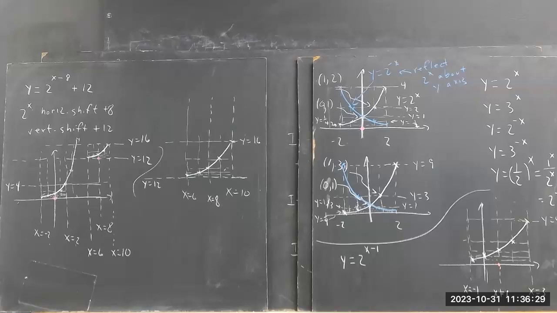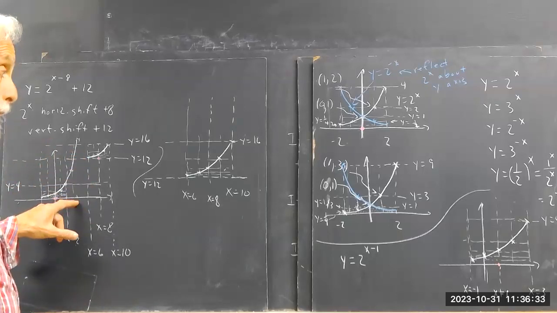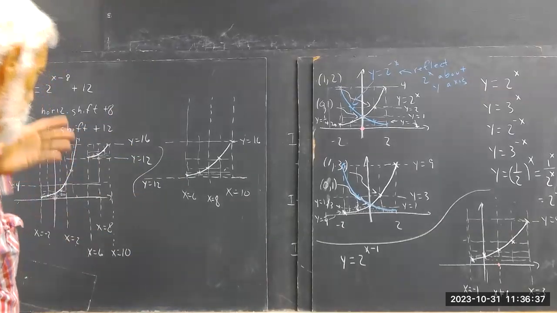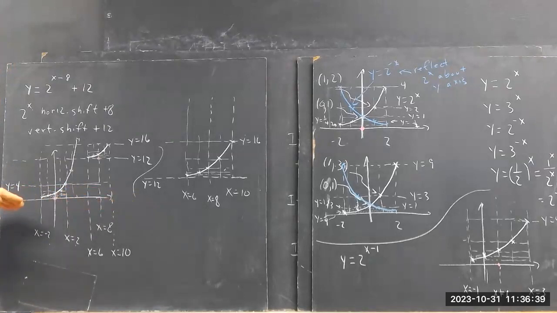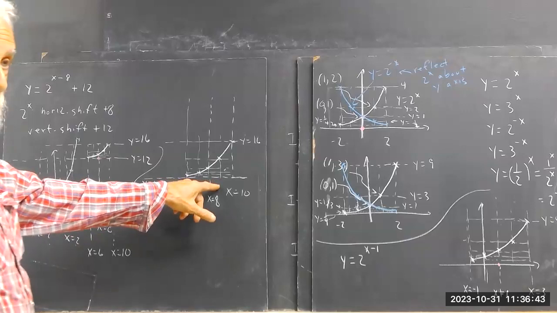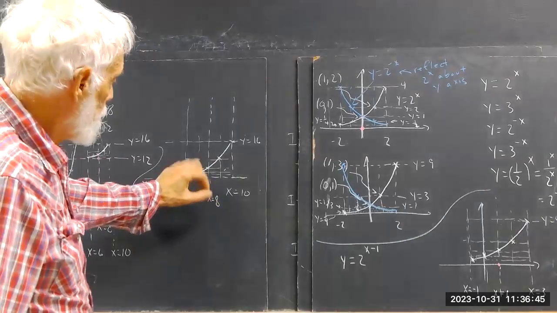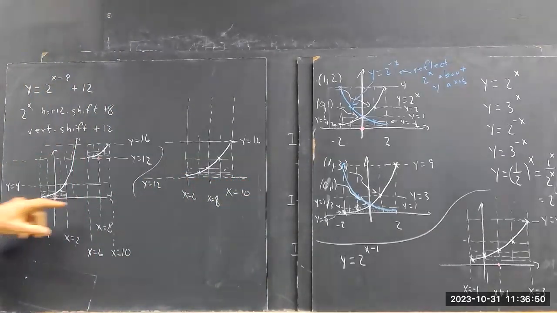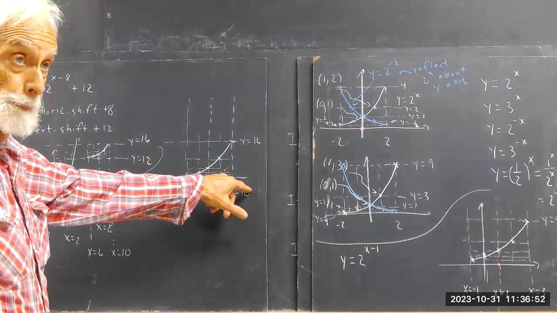Right? Now, this function is doubling its value from the x-axis every time we move over one. The y value doubles every time we move over one. What's that going to do over here? It's going to double the distance from the y equals 12 line because the x-axis becomes a y equals 12 line.